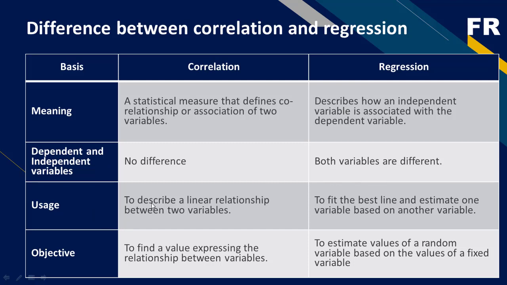Correlation is used to describe a linear relationship between two variables, and regression is used to fit the best line and estimate one variable based on another variable. The objective of correlation is to find the value expressing the relationship between variables, and the objective of regression is to estimate the value of a random variable based on the value of the fixed variable.